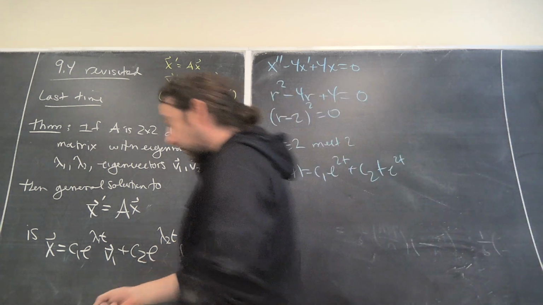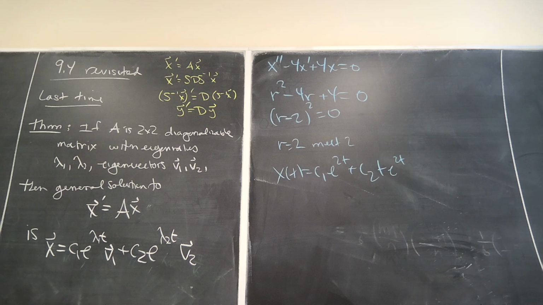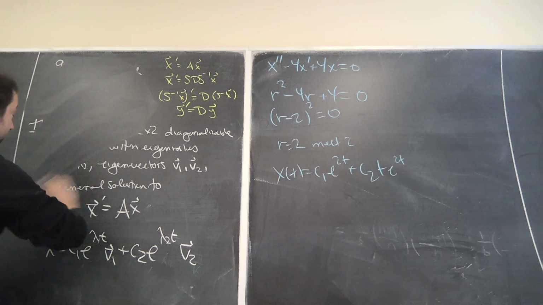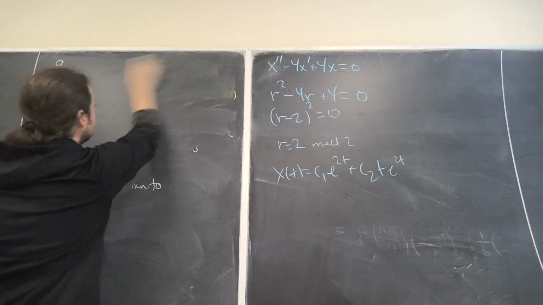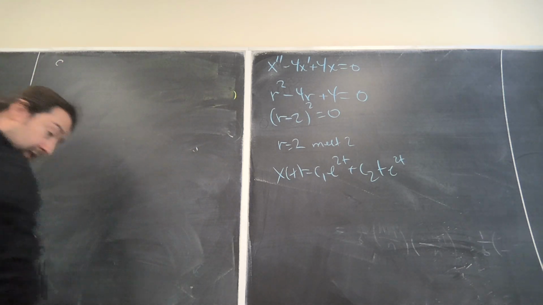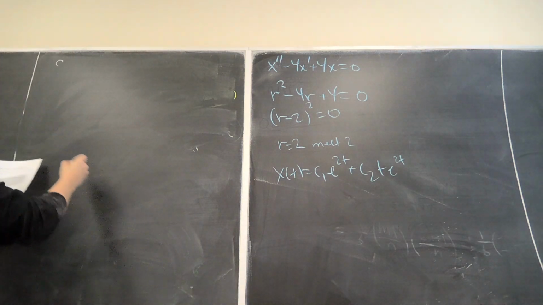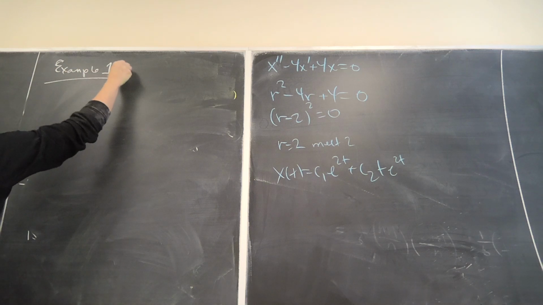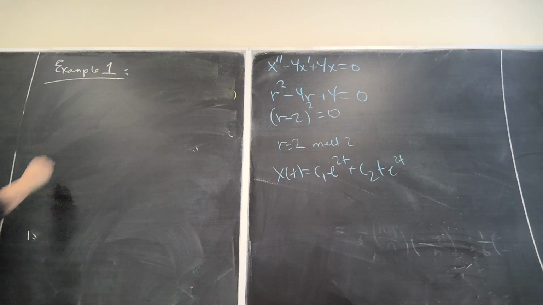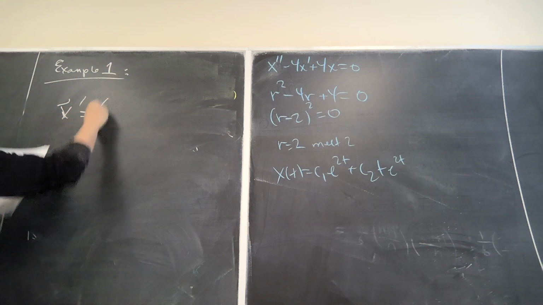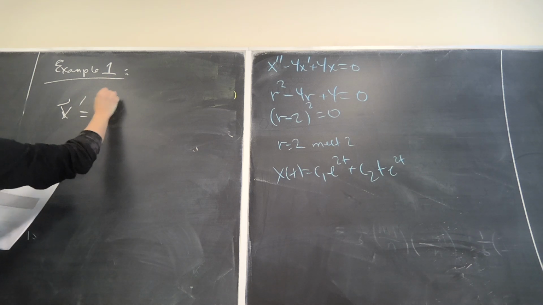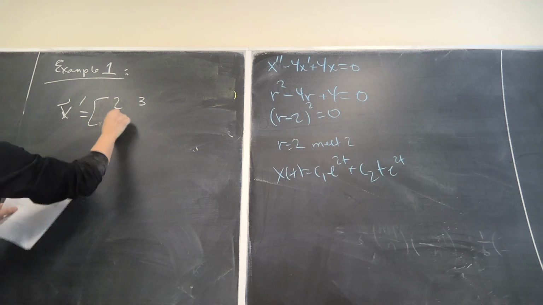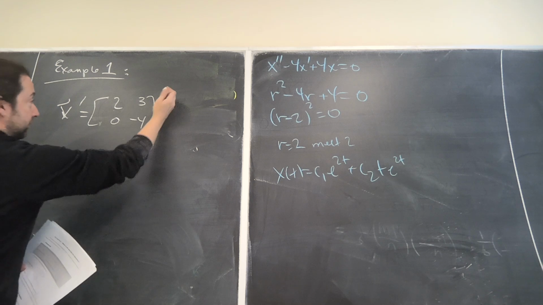So let me write down an application of this theorem with a specific example. And then I'm going to tell you how the picture comes into play. So if I gave you example 1, if I told you x prime is equal to the matrix [2, 3; 0, minus 4] times x.